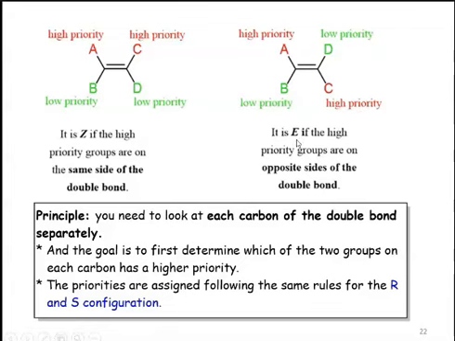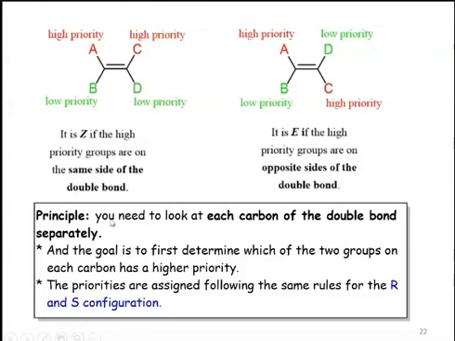It is E if the high priority groups are on opposite sides of the double bond. If high priority groups lie on the same side, Z. Z is for same, or it has similarity with same side. Okay, Z, same.